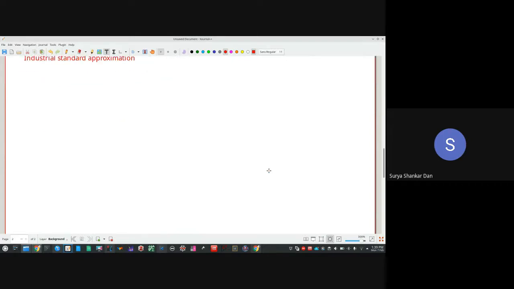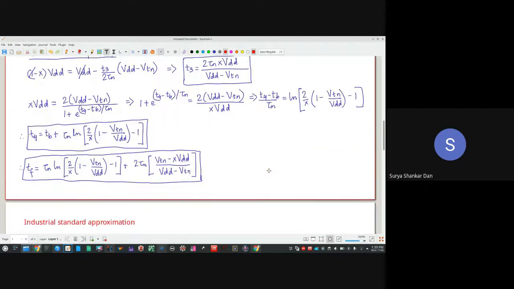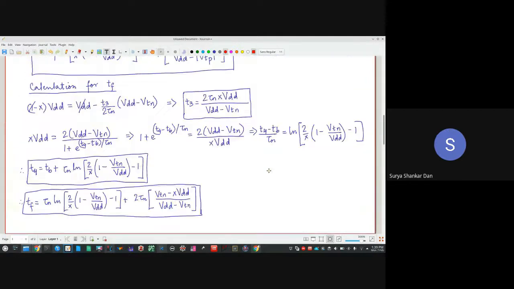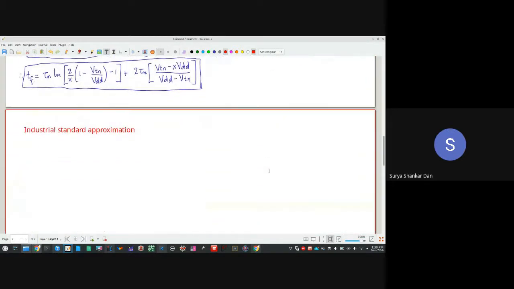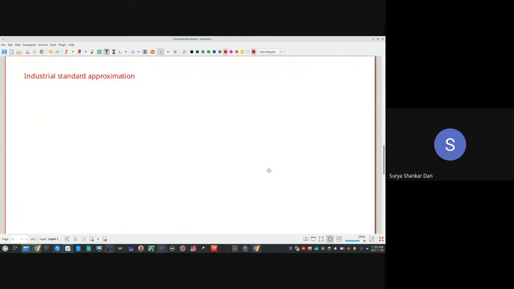Okay, so this is the exact theory whatever we have done. Now the TR and TF, and then we developed using the Python code also. Now let's do the industrial standard approximation.